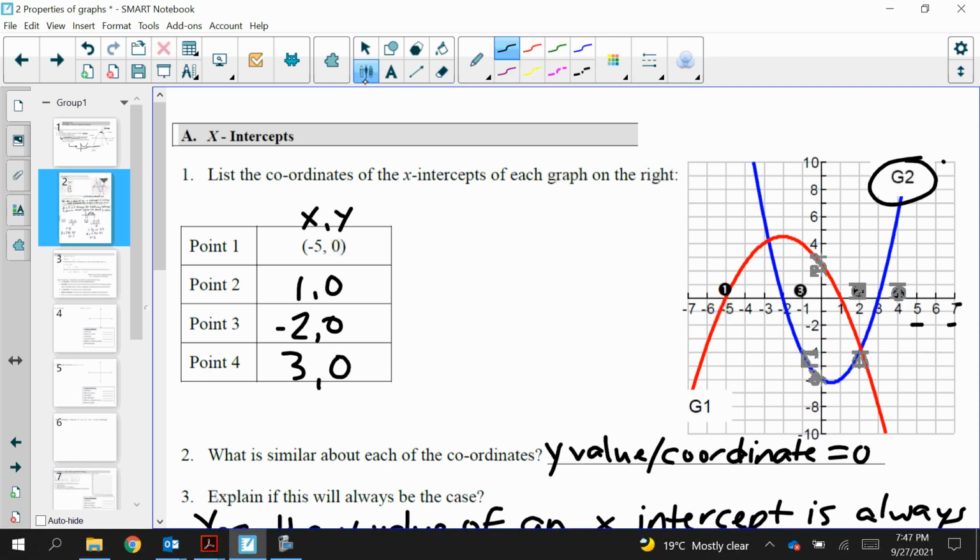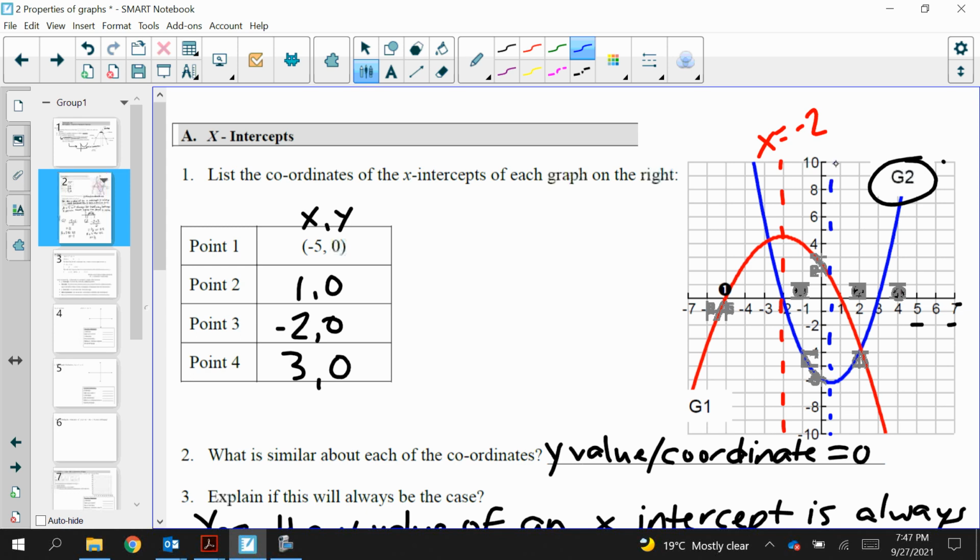So now looking at our axis of symmetry, for graph 1 it was along the line x equals -2. This is as good as I can get, but this is the line x equals -2. And for my blue, it was at +1/2.